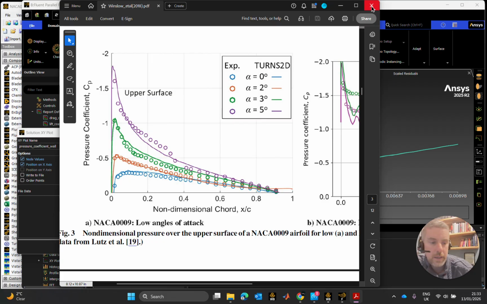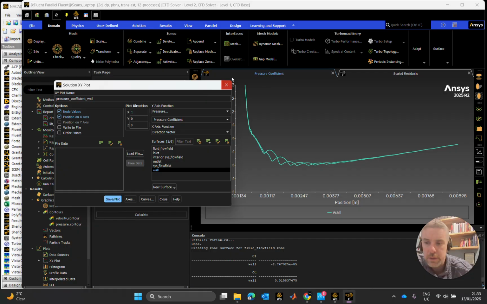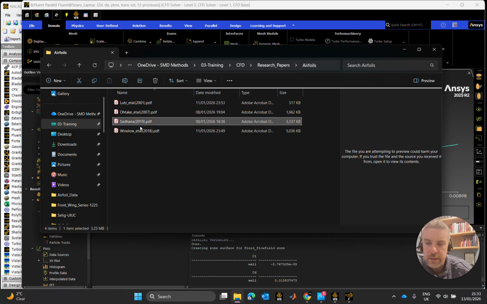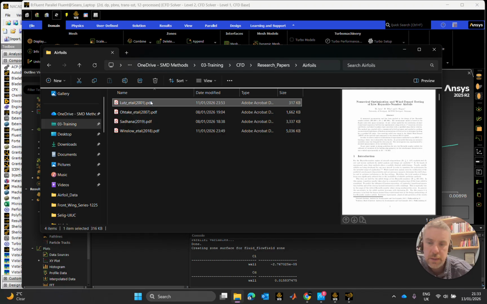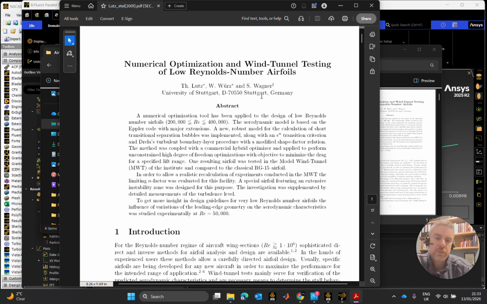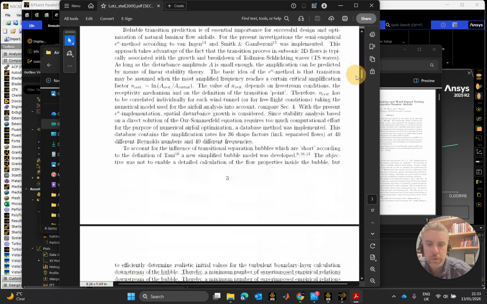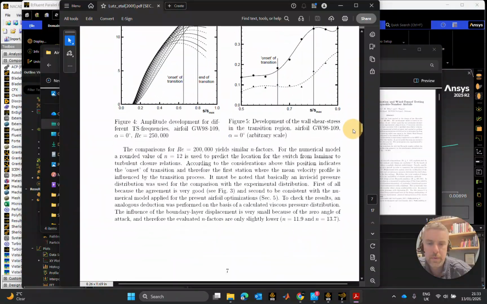Now we're 30 minutes in, so I might take one more check at another paper. Sedana looks at a NACA 0012, as does Ataki. Lutz also has a NACA 0009 for low Reynolds number testing.